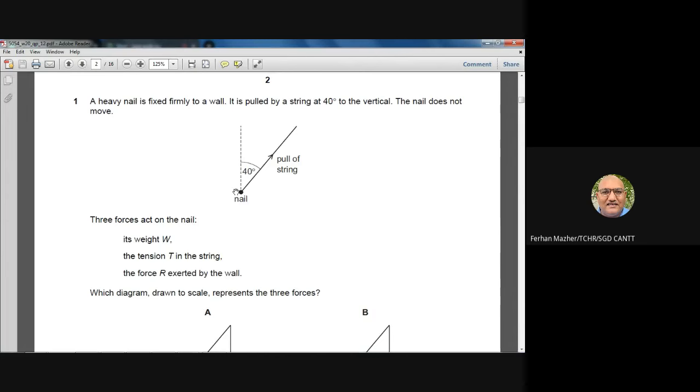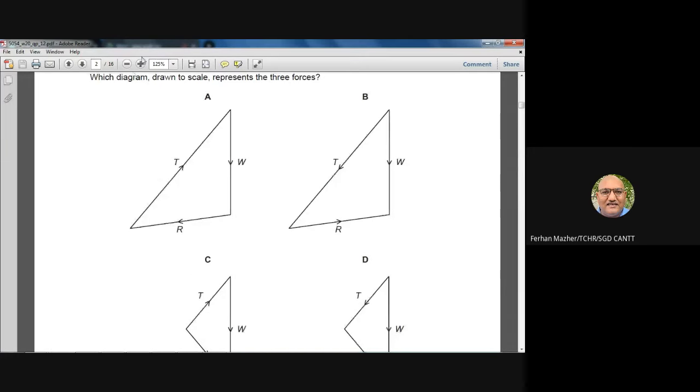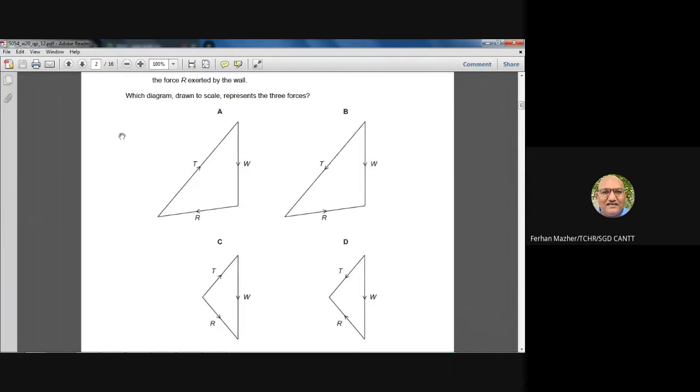He says three forces act on the nail: its weight W, which acts downward, the tension T in the string, which makes a 40-degree angle, and the force R exerted by the wall. Which diagram drawn to scale represents the three forces?